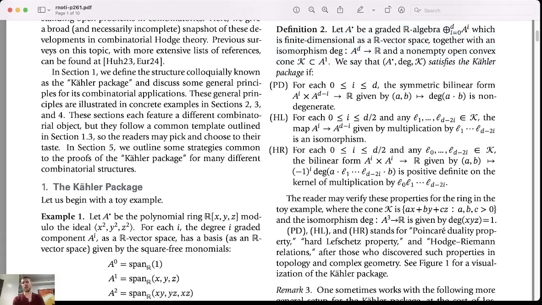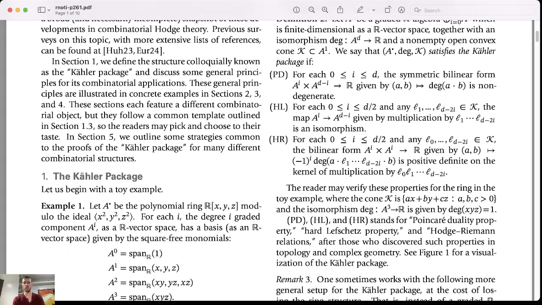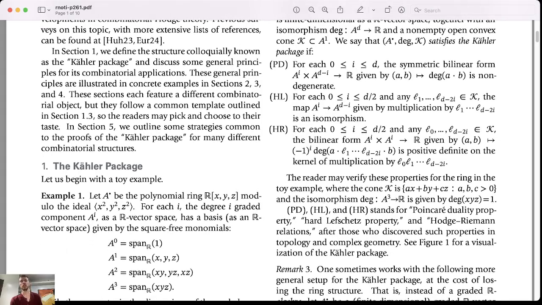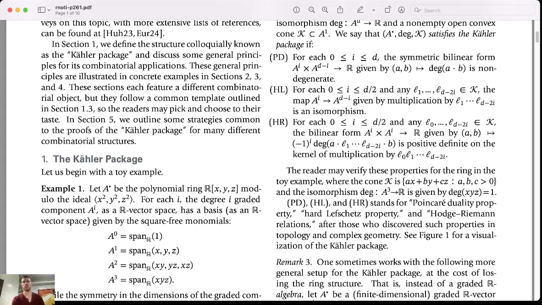We say that A dot, degree, K satisfy the Kähler package if condition PD: for each 0 less than or equal to i less than or equal to d, the symmetric bilinear form A_i cross A_{d minus i} to the reals given by (a, b) maps to degree of a times b is non-degenerate.